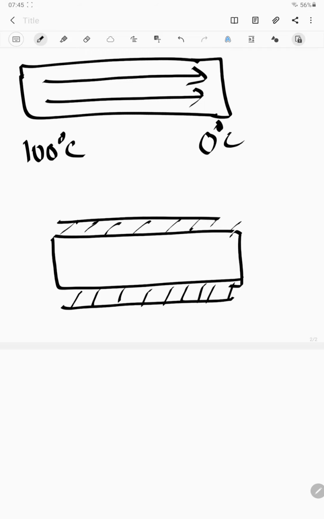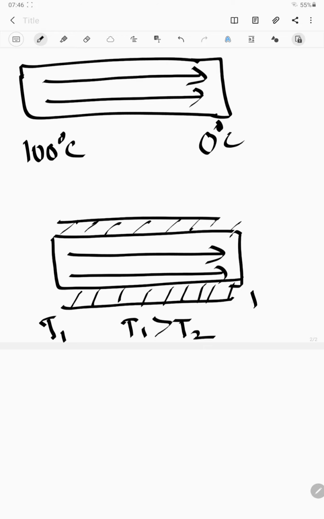Heat will be transferred from higher temperature to the lower temperature. Let's say kat sini T1 is higher temperature compared to T2. Alright, so heat will transfer from the T1 to T2.